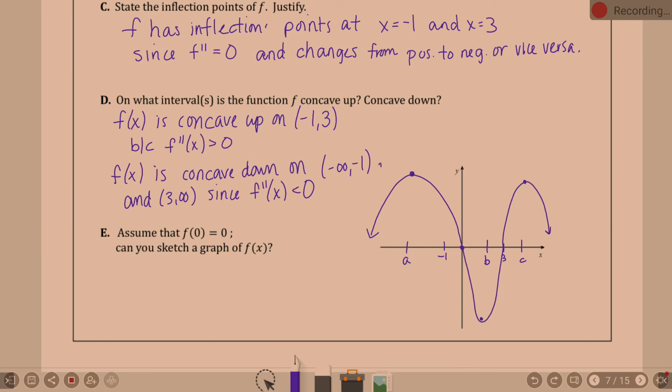I feel like my inflection point ended up more at 0 than it did at -1. Trying to make it happen. But the idea is there's supposed to be an inflection point at 3. I can see there being a point of inflection there. We've got our maxes. We've got our min. And then there's supposed to be an inflection point at -1. I guess you could call that an inflection point. That's the harder part to make happen, the inflection points.